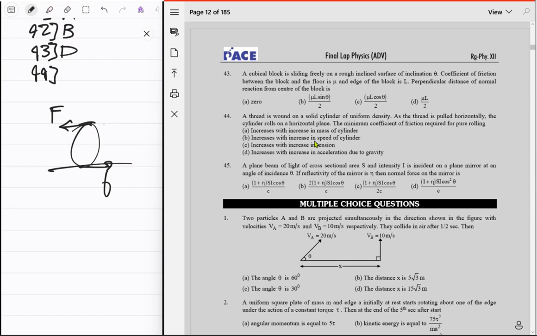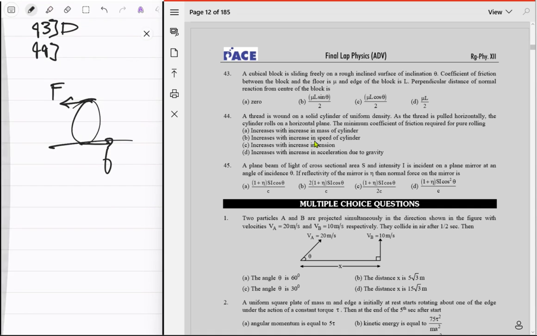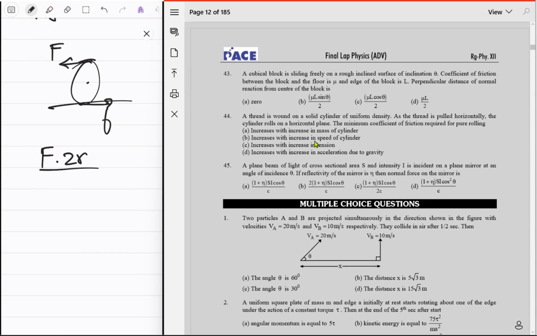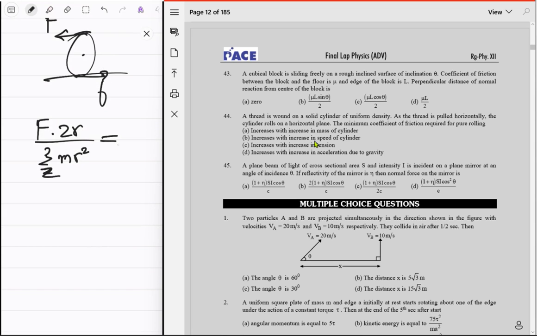Let's write the equations. This is f times 2r, upon the moment of inertia about this point: mr squared upon 2 plus mr squared, like 3 upon 2 mr squared. So this is equal to the angular acceleration, which is torque upon inertia about this point, which is the same thing as about the center of mass.